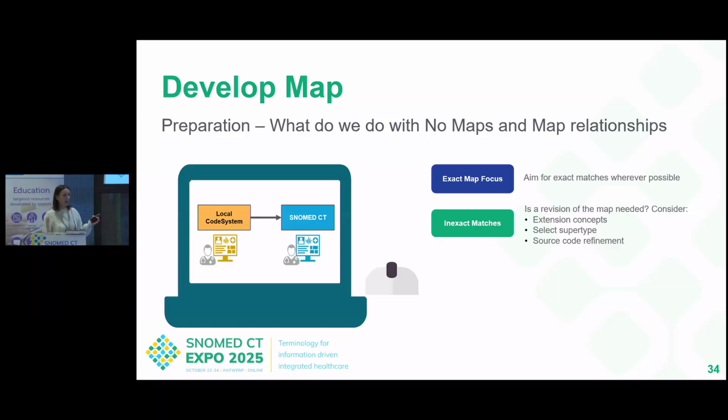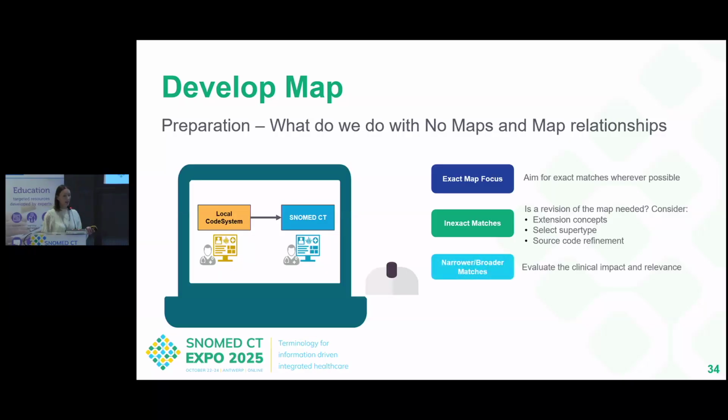Can you contact your extension or SNOMED International to be able to add new content to help you with your map? Is it a gap in the terminology that needs to be filled? Or do you agree that you might select the nearest supertype for your map? And also, do you need to go back to the original source code again and review it and see what it actually means?